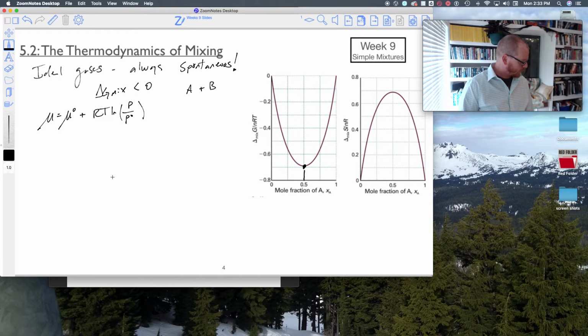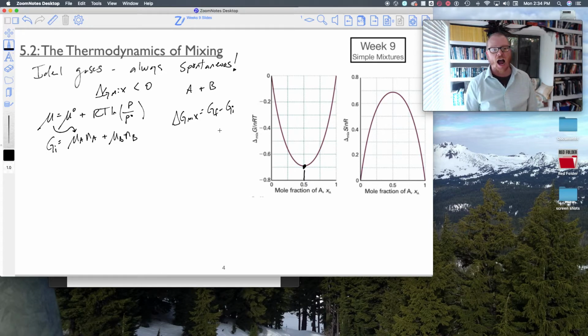Now, of course, we recognize that free energy, as we just discussed, is going to be mu of A times N of A plus mu of B times N of B. And now we have an equation for chemical potential, which I could supply into each one of these. Furthermore, delta G of mixing is going to be G final minus G initial. So this equation, G_i, would give me the initial free energy.